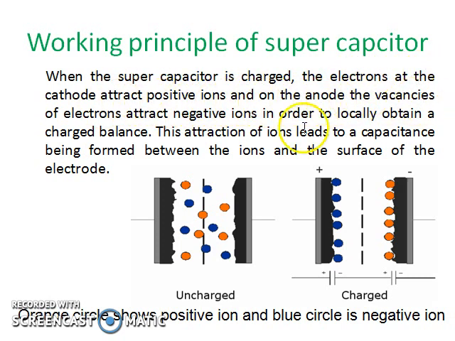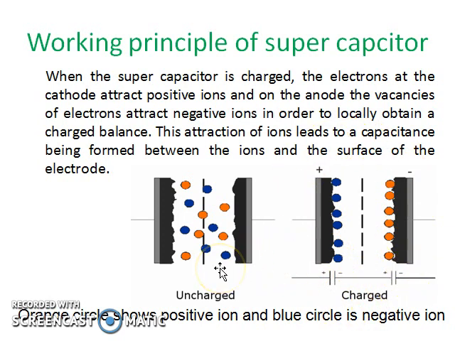On the anode, the vacancies of electrons attract the negative ions in order to locally obtain the charge balance. This attraction of ions leads to a capacitance being formed between the ions and the surface of the electrodes. So here this represents the charged condition.